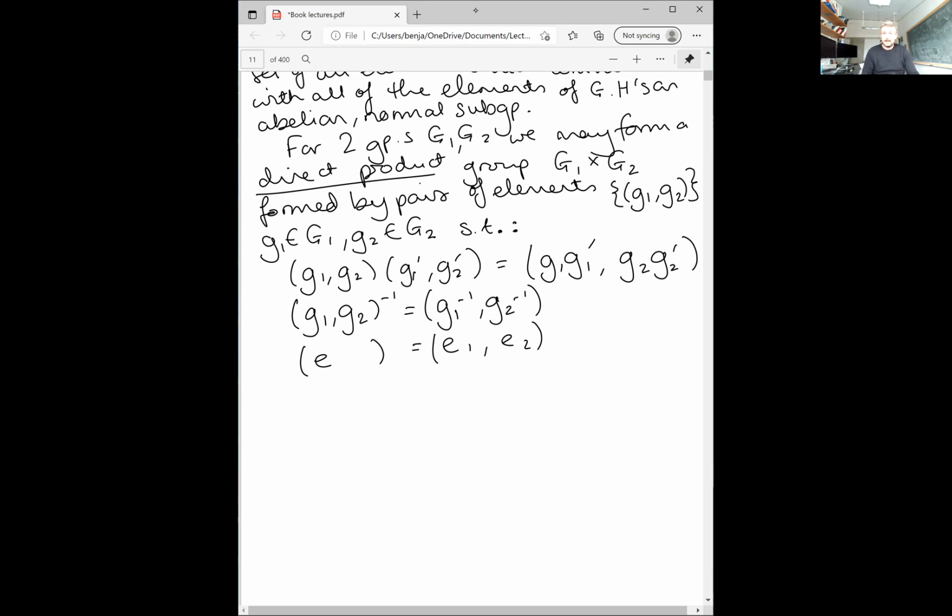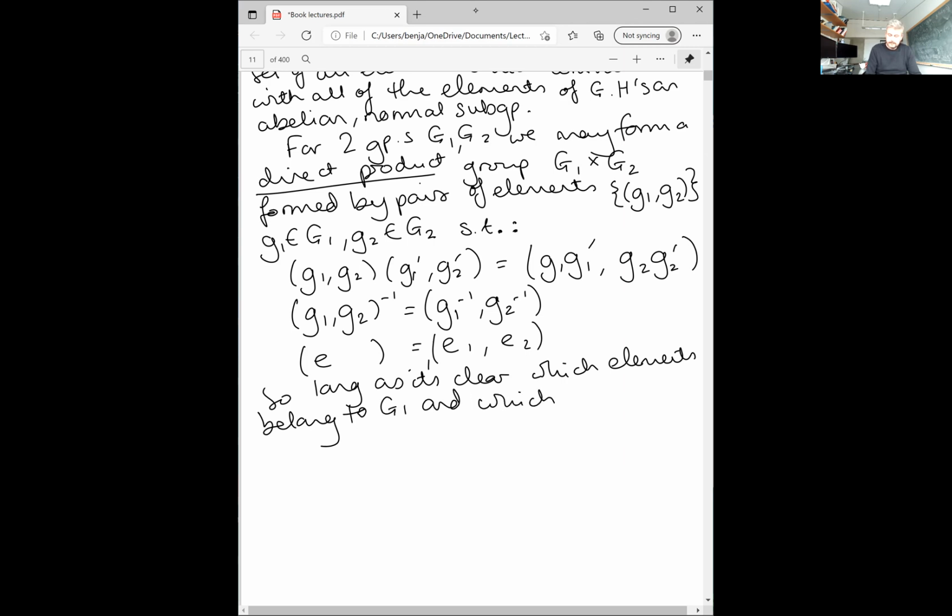So if it's clear which elements belong to G1 and G2, as for example might be the case when G1 and G2 are different groups, then there's a bit of nomenclature. Instead of writing these brackets and the comma, you might just write them next to each other, so long as it's clear which elements belong to big G1, the first group, and which to the second group.